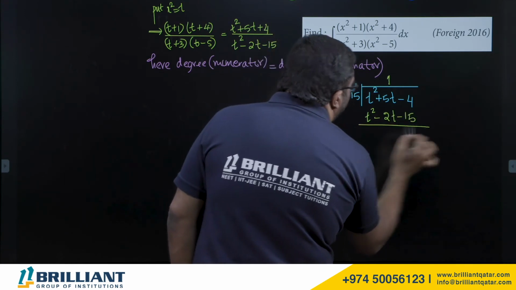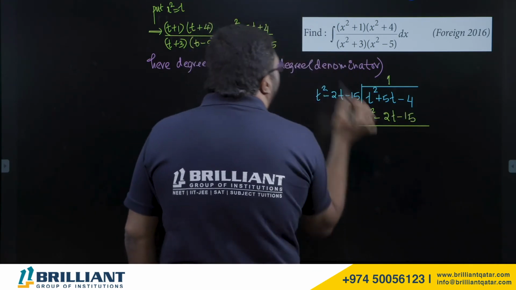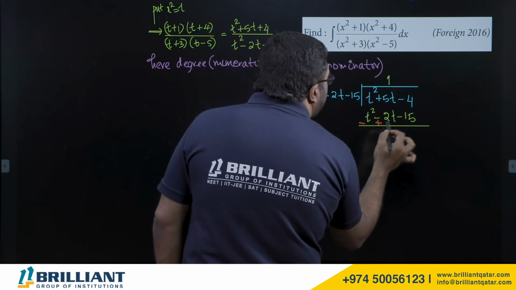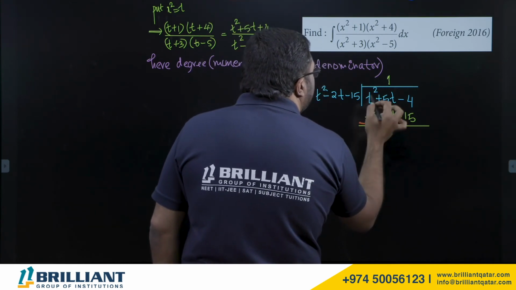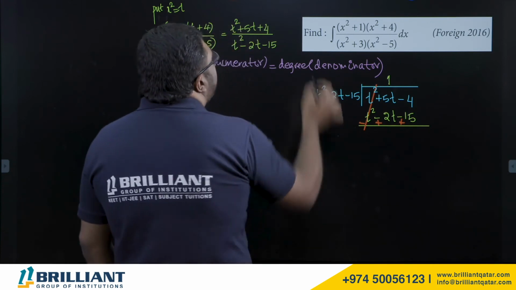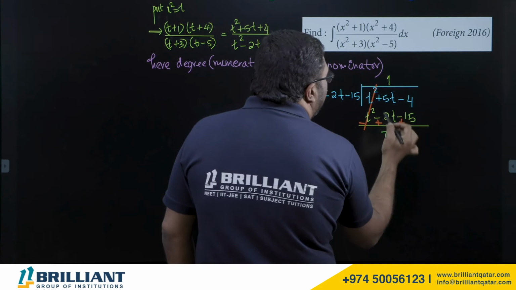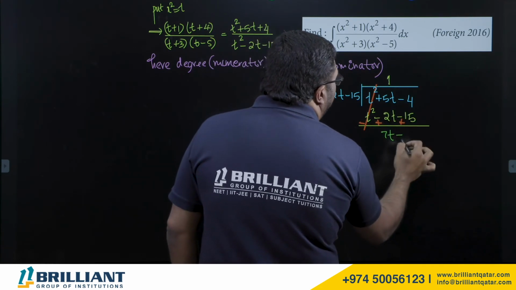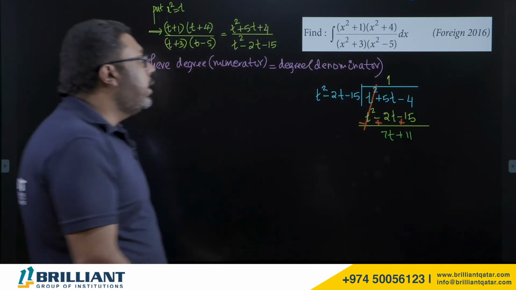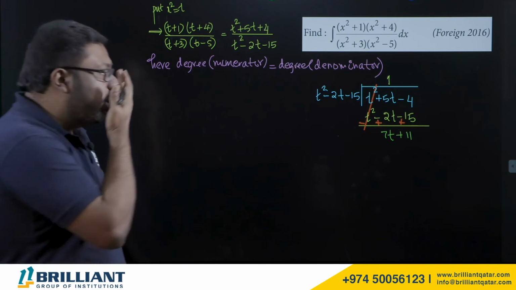Change the sign, my dears. This is going to become negative, positive, negative, positive, so it cancels like this. The answer is 5t plus 2t, 7t, plus 4 plus 15, 19, so 7t plus 19. All of you please look at it.